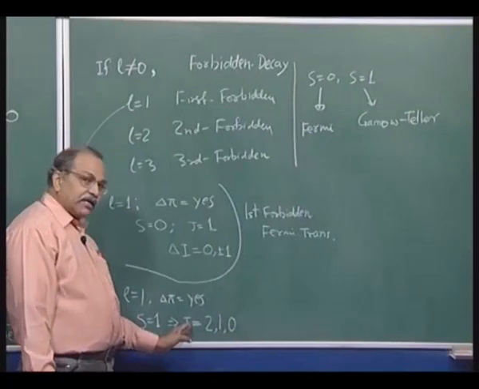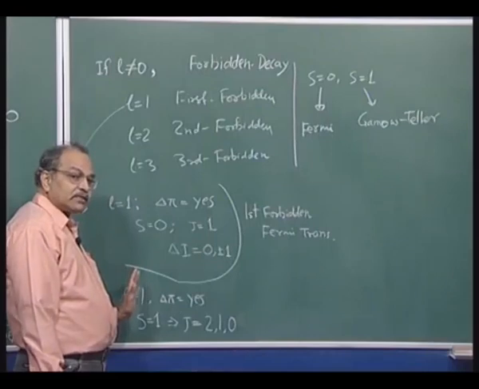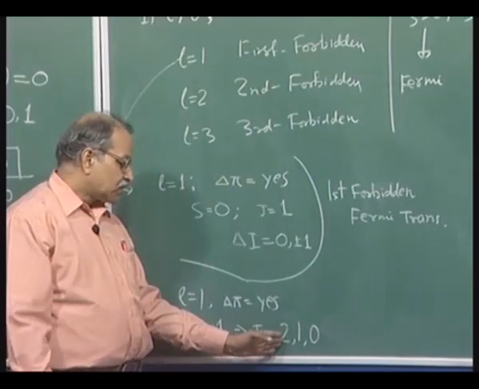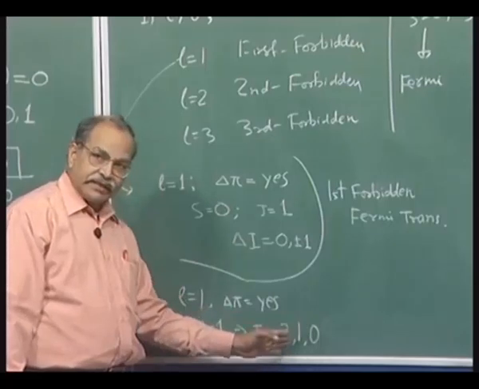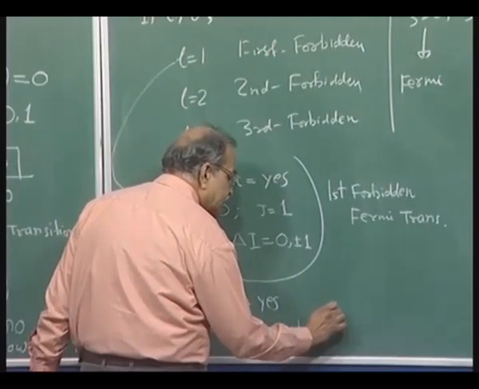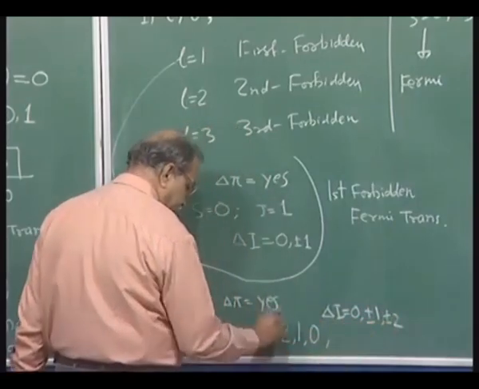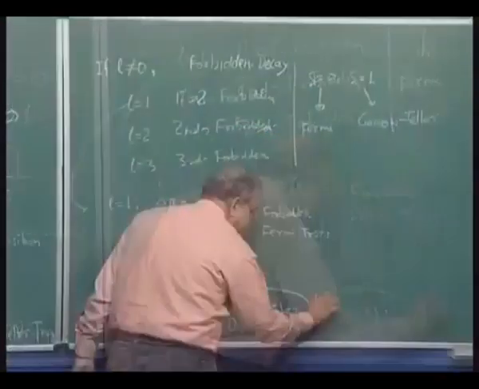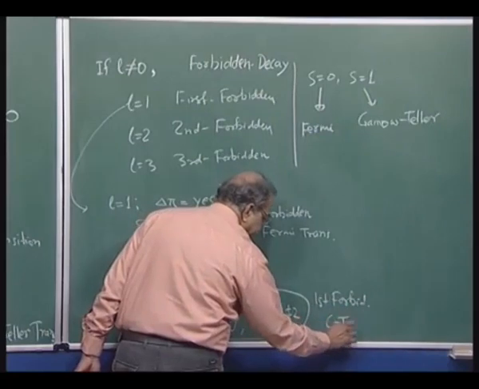This J will combine with the daughter nucleus angular momentum to give the parent nucleus angular momentum, and therefore, taking 1 by 1, 2 will give you a possible change of 2, 1, 0 and so on, and 1 and 0 are already here. So, all these things will allow delta I equal to 0, plus minus 1 or plus minus 2. These are the selection rules for first forbidden Gamow-Teller transition.